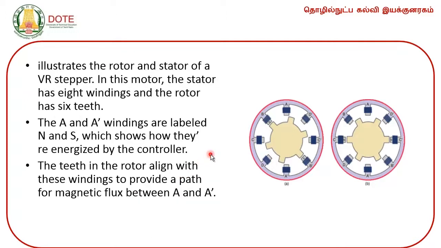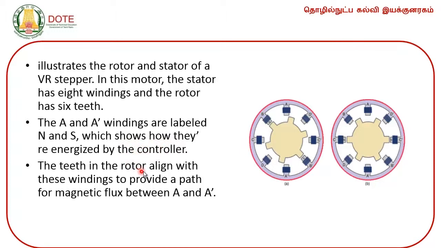This figure illustrates the rotor and stator of a variable reluctance stepper. In this motor, the stator has 8 windings and the rotor has 6 teeth. The A and A dash windings are labeled N and S, which shows how they are energized by the controller.